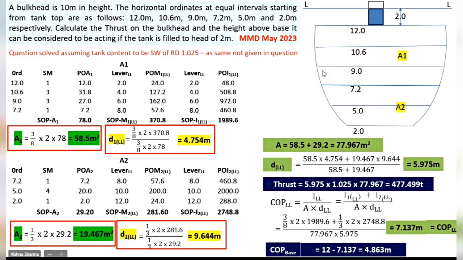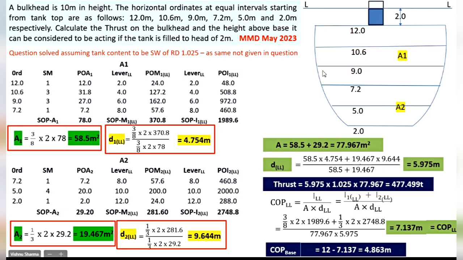Okay. So this is the question, guys. Any doubts on this, or is it well understood? This was in May 23. All clear about this one, right? Sir, a little bit of doubt is coming, sir.